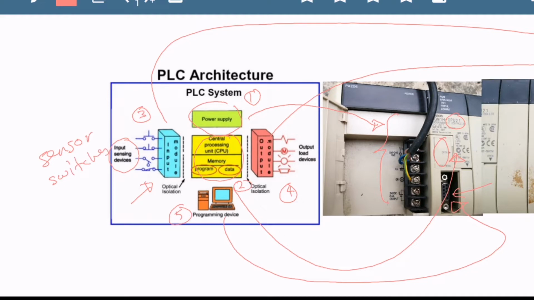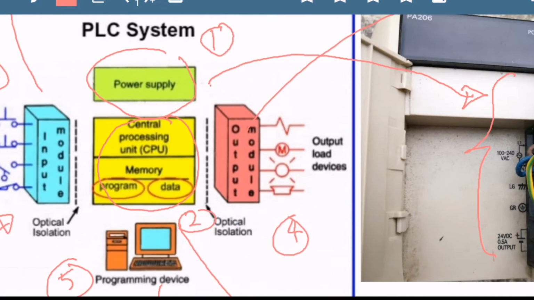And output devices, you can see here, maybe relay coils, or a motor. This is an indicator light, or this is a sound buzzer, whatever. That is your output, your output load devices. Your output load devices will be connected to the output module.